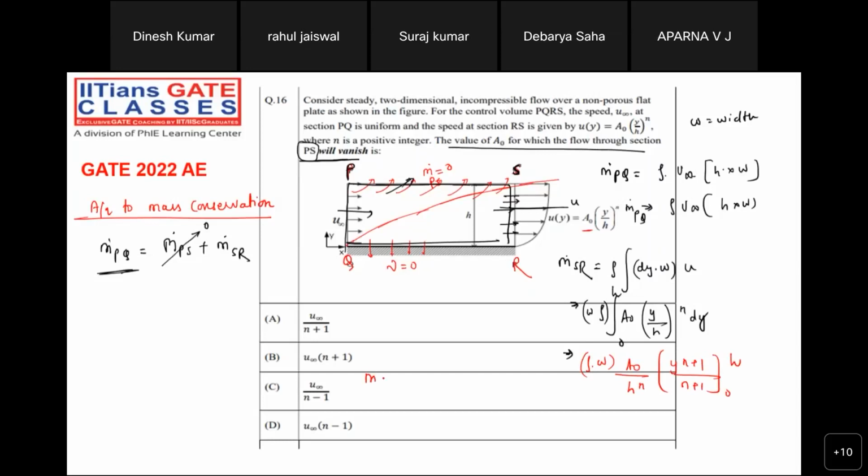So what is the mass flow rate through section SR? Rho into width A naught divided by h to the power n, into h to the power n plus 1, like this. So finally, what can we write? Tell me, guys.